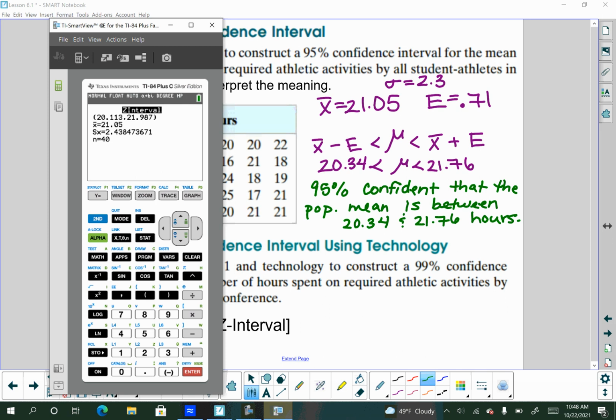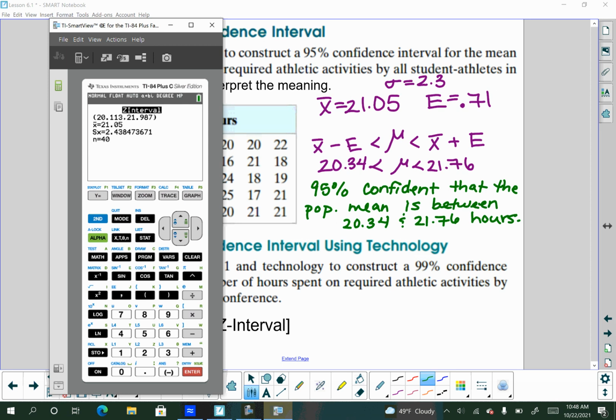Wider, narrower? What do we think? It's wider. Yeah, you've got a smaller lower limit and you've got a bigger upper limit.